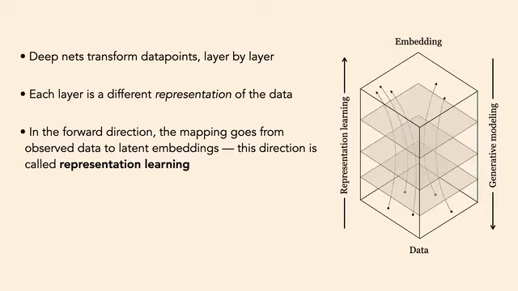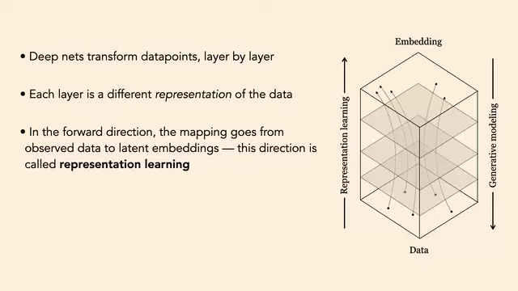Okay, and the forward direction through a neural network will be called the encoding direction. It's going from data to simpler, better, more abstract representations. That's the direction in which representation learning operates. It tries to find a good mapping from data to embeddings. The backwards direction is not going to be backprop now. Backprop tries to find the gradient. The backwards direction is more like the inverse of the forward direction in this context, and that's called generative modeling.